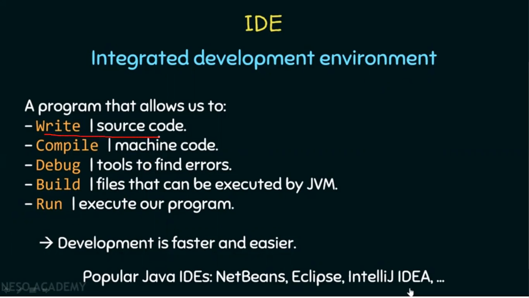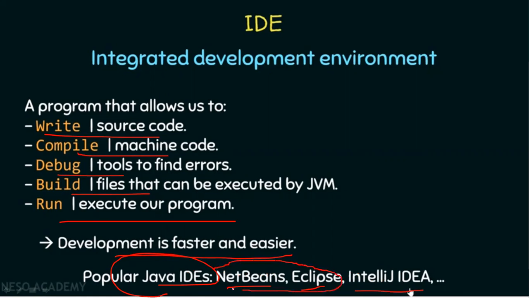So we can write the source code, compile it, debug it, build it, and run it. So the development is faster and easier. Popular Java-based IDEs are NetBeans, Eclipse, IntelliJ IDEA, but commonly NetBeans and Eclipse are popularly used, open source only. So I'll show you how to use Eclipse.